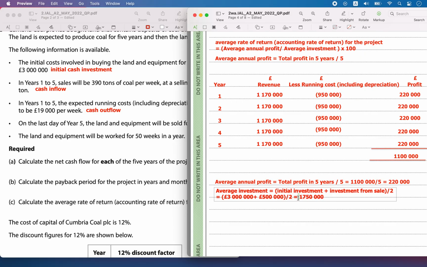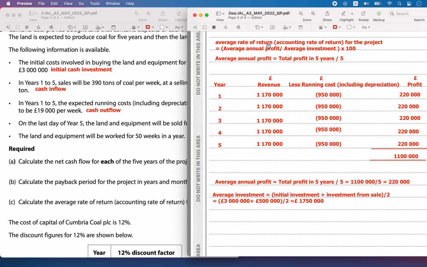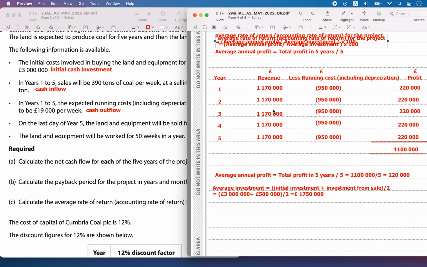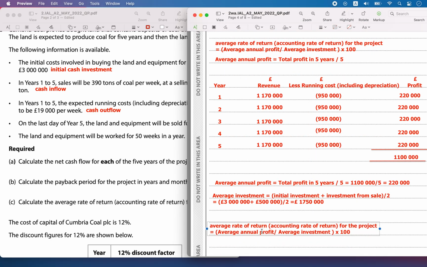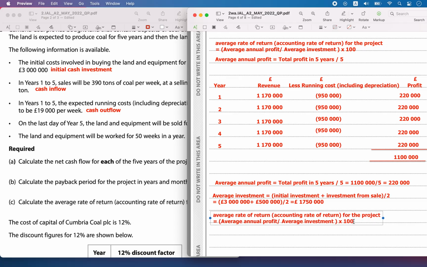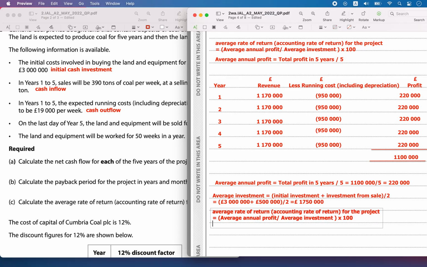Now you will calculate the accounting rate of return. The accounting rate of return is equal to the average annual profit, 220,000, divided by the average investment, which was 1,750,000, times 100.